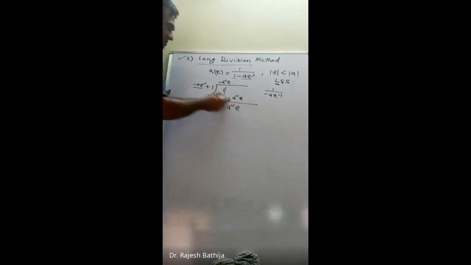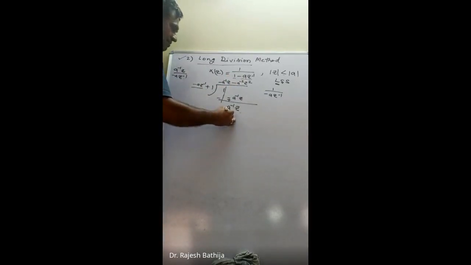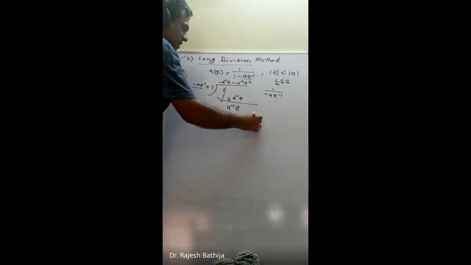Now this is my first term and this is the first term. So what will I do? A inverse z divided by minus a z inverse. Right? So what will I get here? I will get minus a to the power minus 2 z to the power 2. I will get a inverse z minus a to the power minus 2 z to the power plus 2.